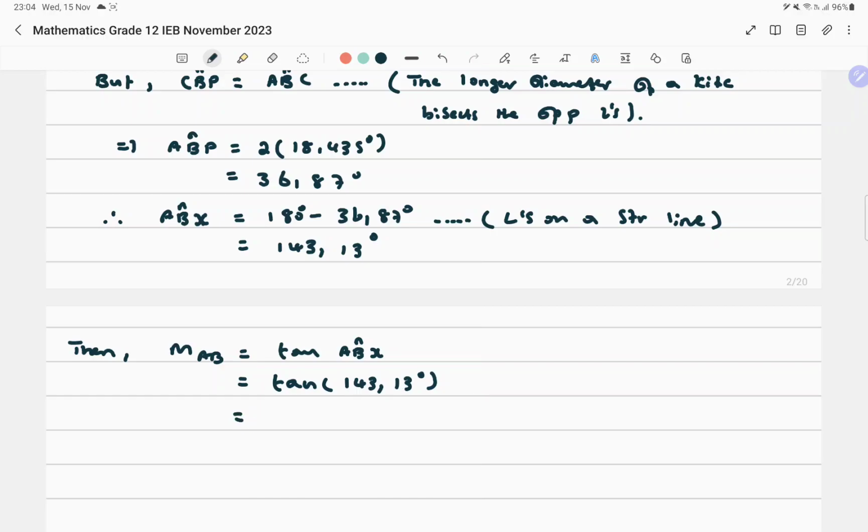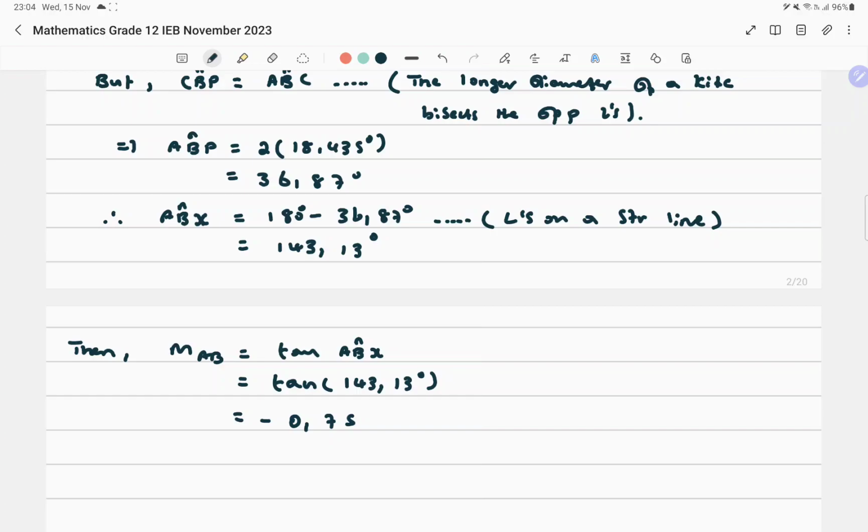So let's just say tan of 143,13. This gives us minus 0,75. Even if you round off to 2 decimal places, that's what we get.